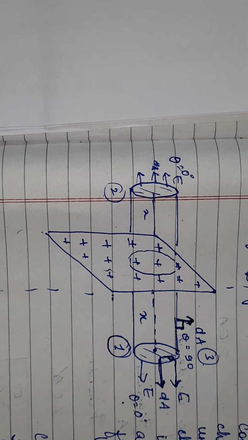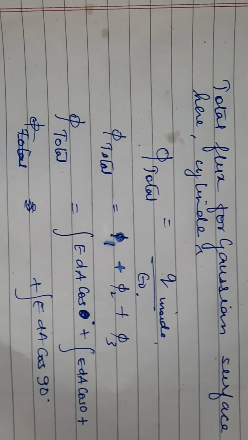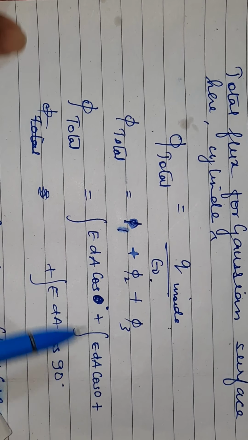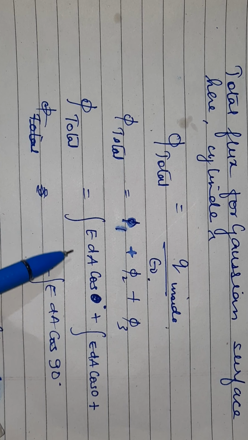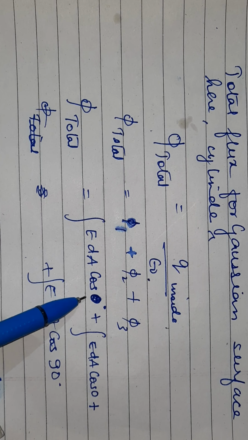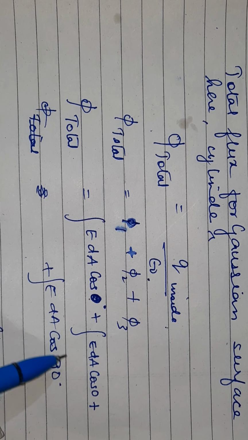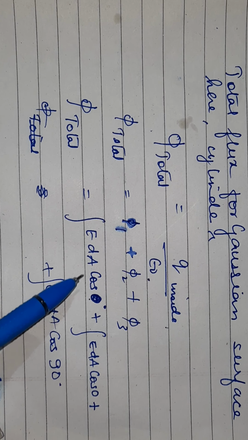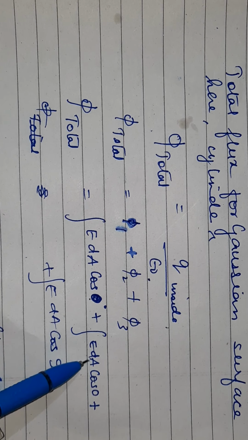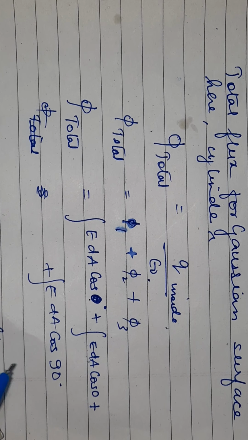Coming to the expression, the total flux will be due to the flux through all these three surfaces. Flux 1 will be E dA cos 0 degrees. Flux 2 will be E dA cos 0 degrees, because the angle between the area vector and E is 0 degrees.